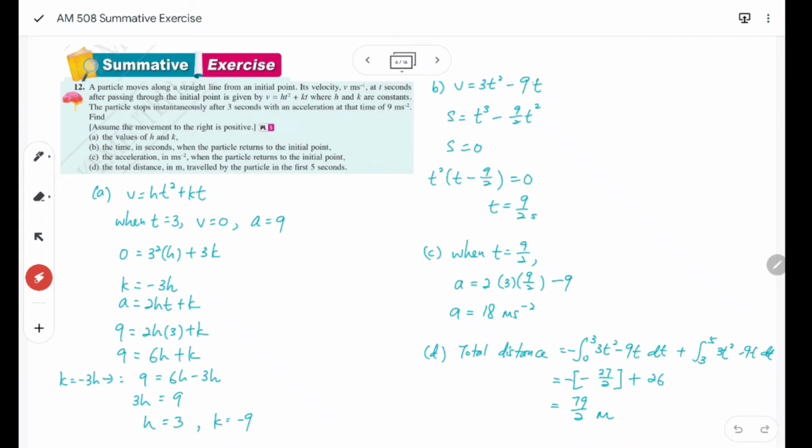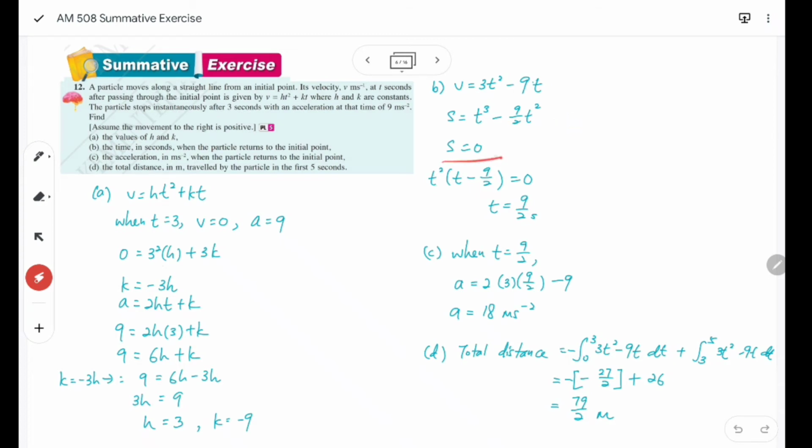B. The time in seconds when the particle returns to the initial point. When the particle returns to the initial point, which is the fixed point O, the s will be 0. So get the function of s by integrating 3t squared minus 9t, and we'll get t cubed minus 9 over 2 t squared plus 0 because the c is 0.